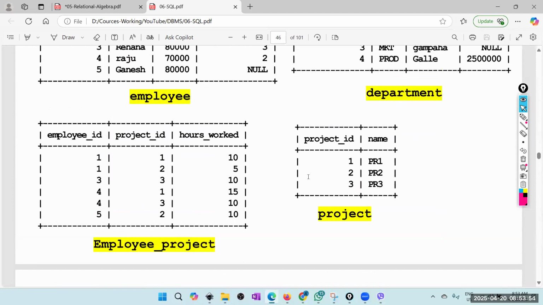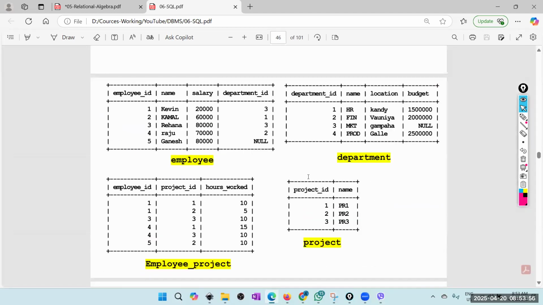Right, assume these are our tables. We have 4 tables: employee, related to department, and also projects. An employee can work for many projects, and a project can have many employees. So therefore, this is the connecting table.